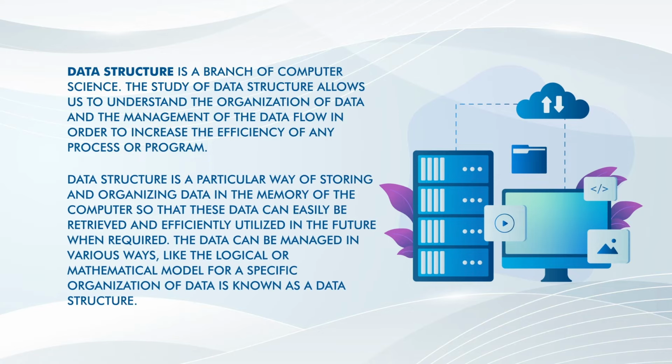A data structure is a particular way of storing and organizing data in the memory of the computer so that the data can easily be retrieved and efficiently utilized in the future when required. The data can be managed in various ways; the logical or mathematical model for a specific organization of data is known as a data structure.